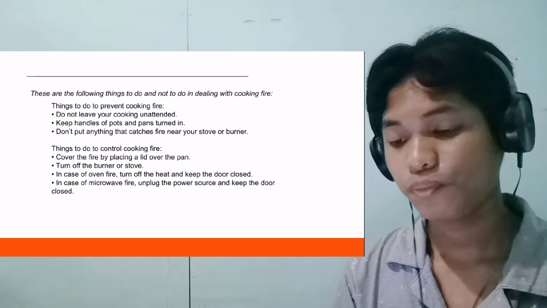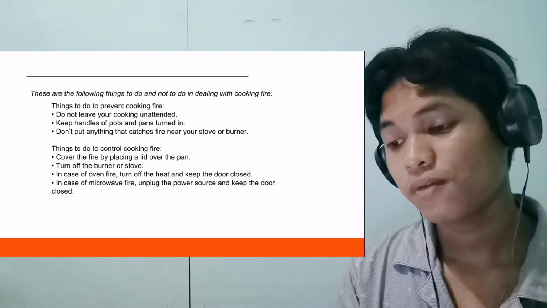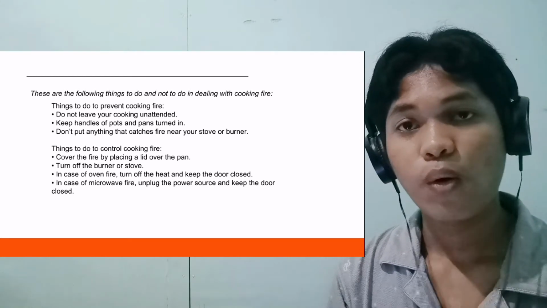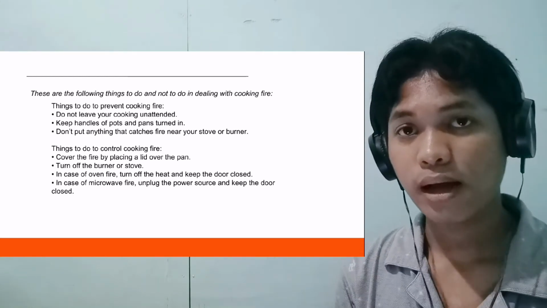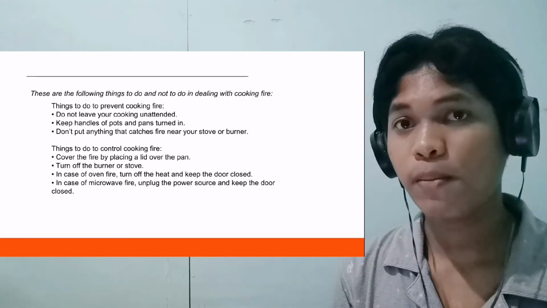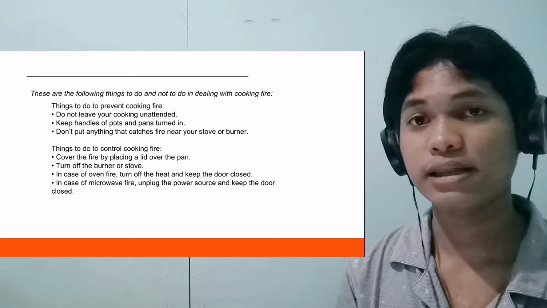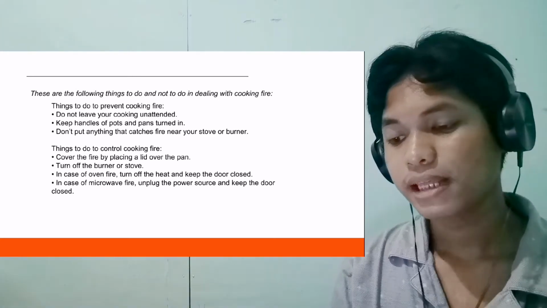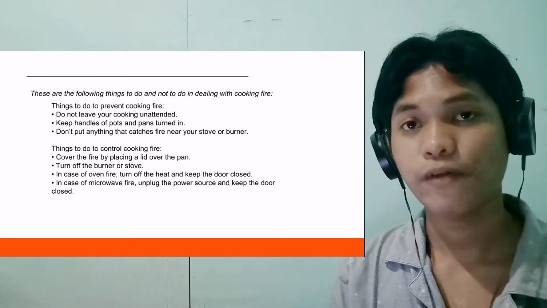So, pangatlo, don't put anything that catches fire near your stove or burner. So, huwag tayong maglalapit ng mga bagay na maaaring o mga materials na flammable sa ating gas stove dahil lubha itong mapanganib.